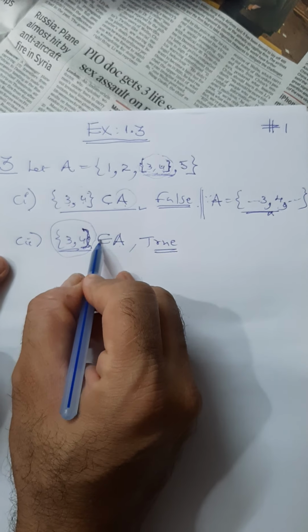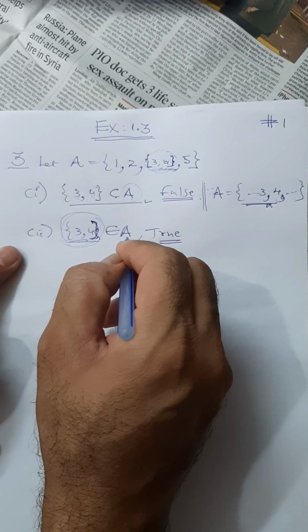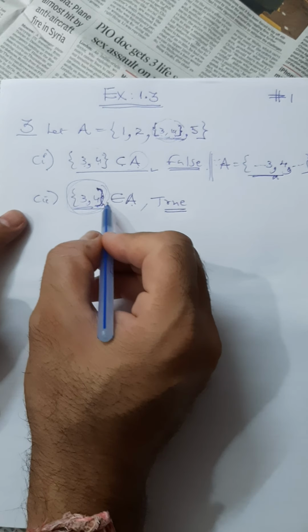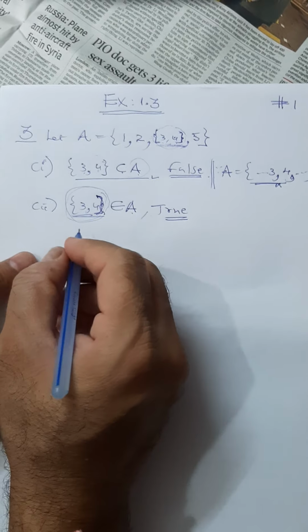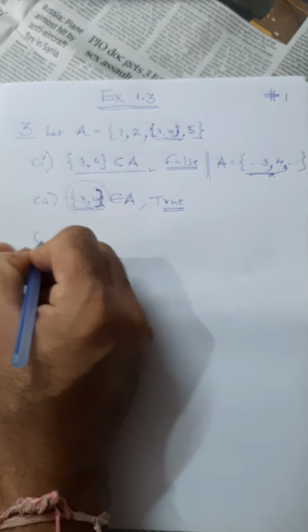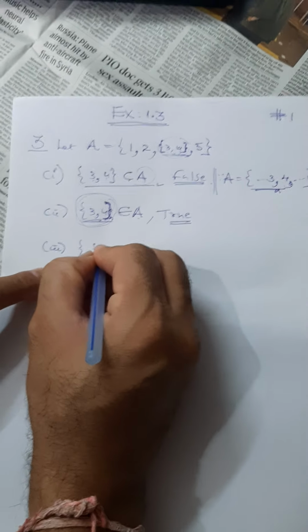I repeat, belongs to means this is one object that should be present in A. Which is already present in this. So therefore this would be true.